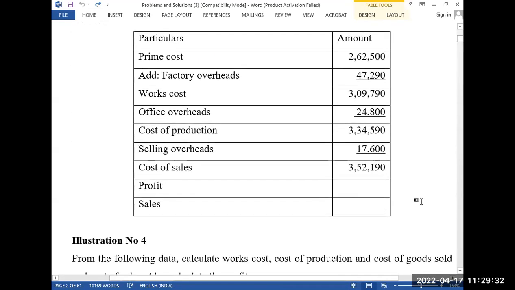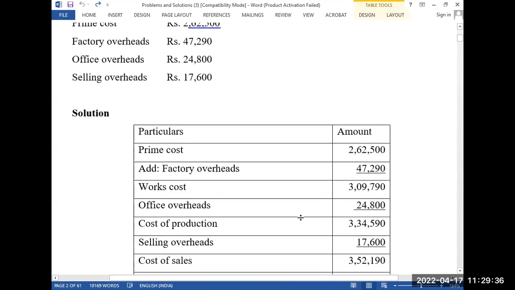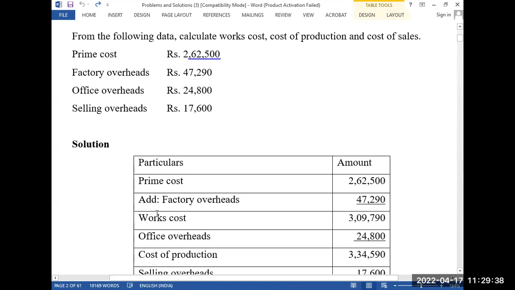So prime cost is equal to 2,62,500. It's given in the question. Plus factory overheads, that is given in the question, 47,290. So 3,09,790 is the work cost. With work cost, if you add the office overheads, you will get cost of production.